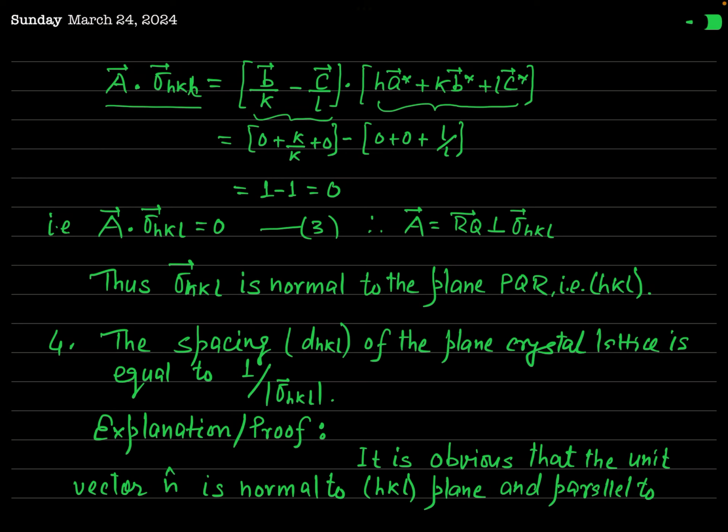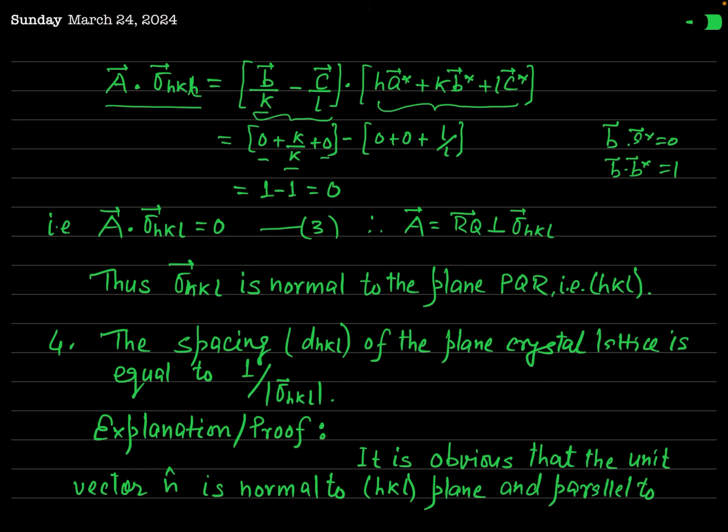When we take the scalar product with this B by K, the first term will be 0, because in the first term there will be a product of B dot A*, and that will be equal to 0. In the second term, there is B*, so there will be B dot B*, and you know this is equal to 1. So the second term is K over K. And again the third term will be 0, because B dot C* will be equal to 0.